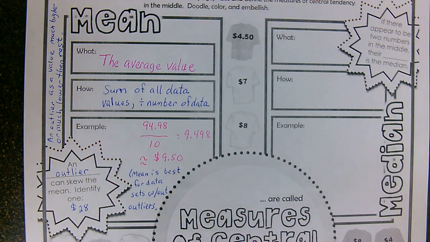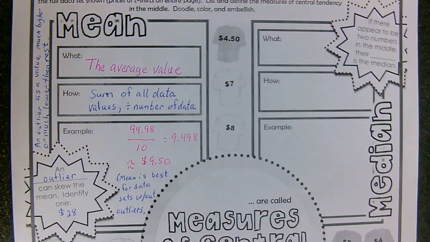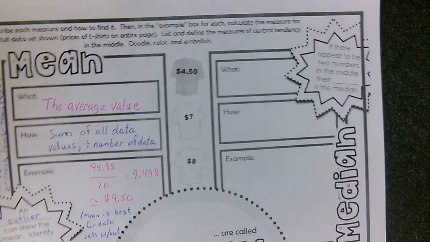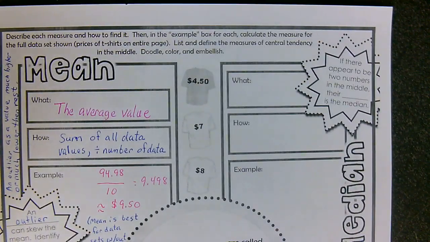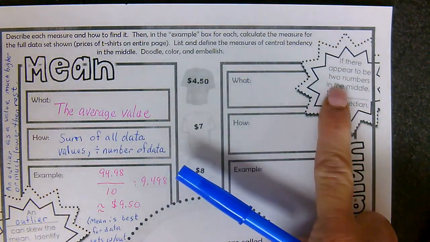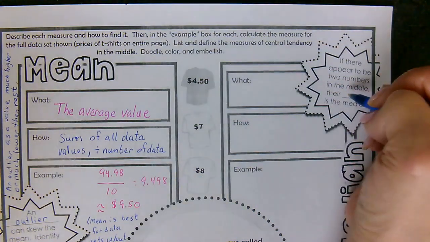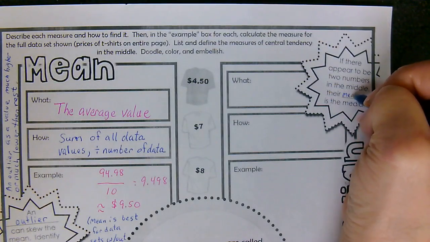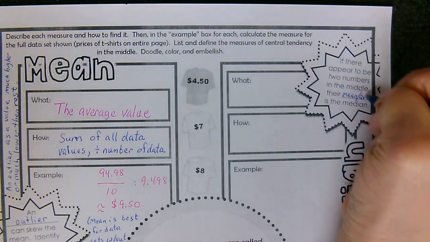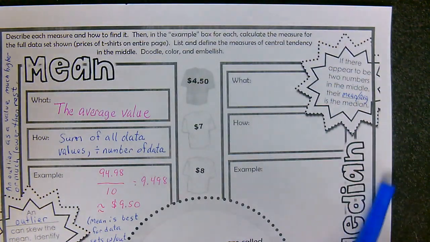So let's see here. Let's go over to this. What we're going to talk about now is the median. And if there appear to be two numbers in the middle, their mean or average is the median. Okay?